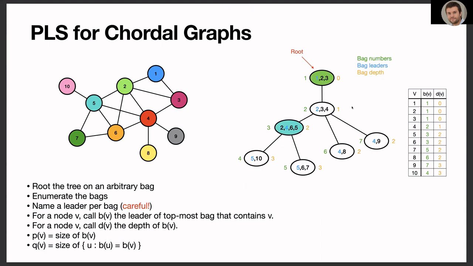Essentially, if they are a leader, they have to check that their bag forms a clique. They can do that with the size of the bag.